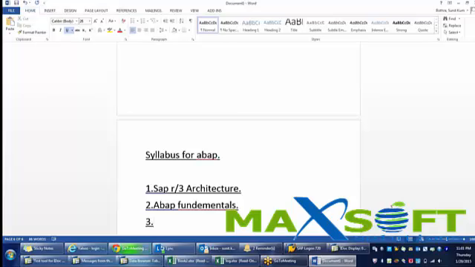Then we'll be covering the reporting part, reports. It's one of the vast topics which covers 60 to 70% of ABAP. The actual cooking of ABAP will happen over here.